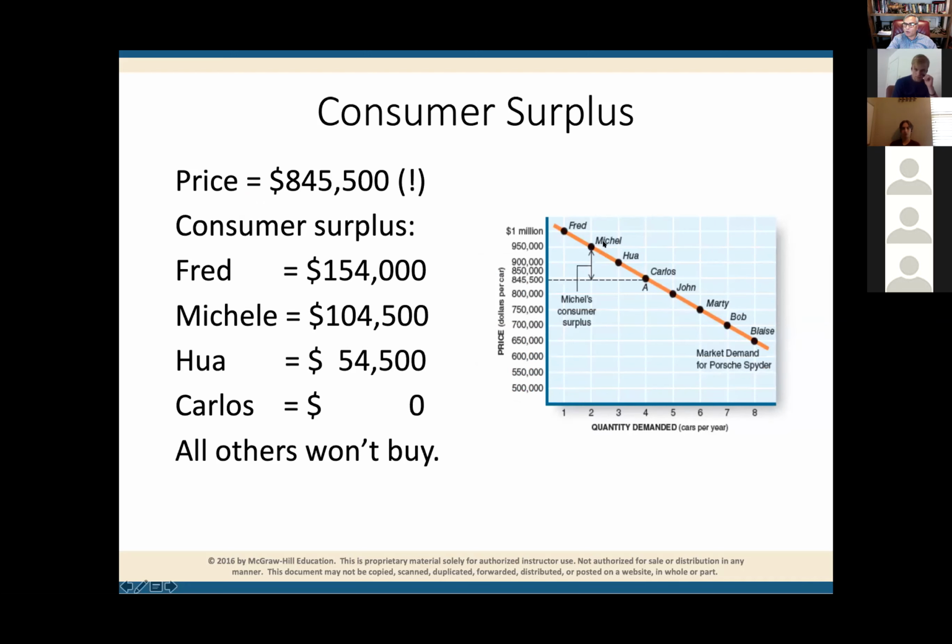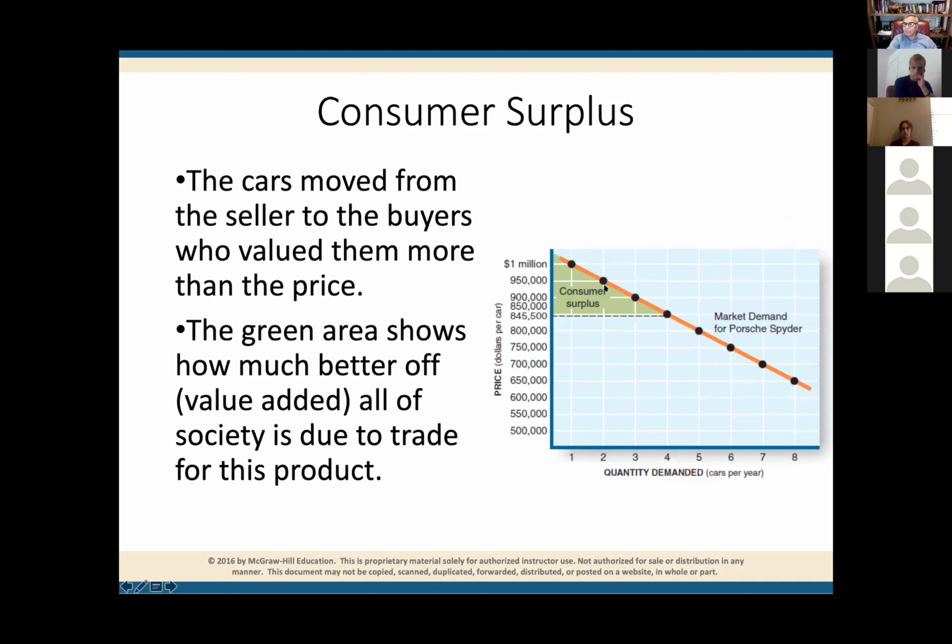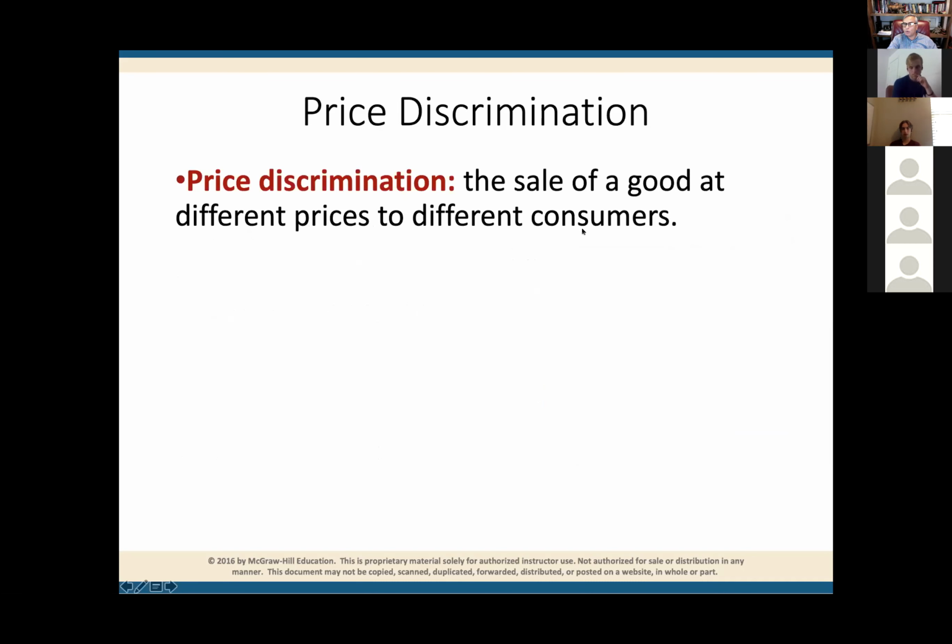Then they find out that Michael is willing to pay $950,000, so they will sell it for $950,000. And they know that another buyer is willing to pay $900,000, so they will sell this car for $900,000, and then to the next person at $845,000. And that's what companies do. Companies engage in price discrimination, which simply means they sell the same product to individuals at different prices based on how much they are willing to pay.